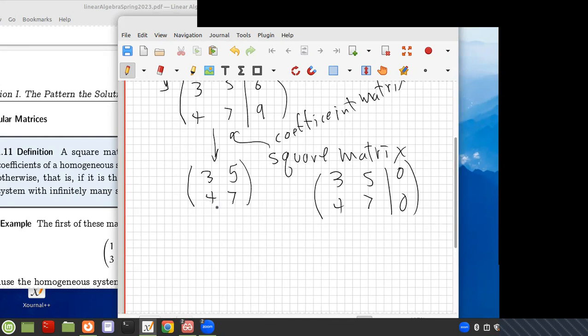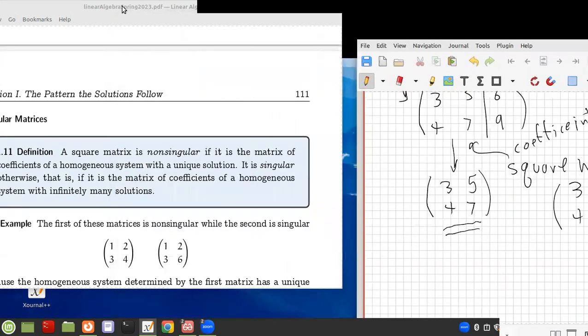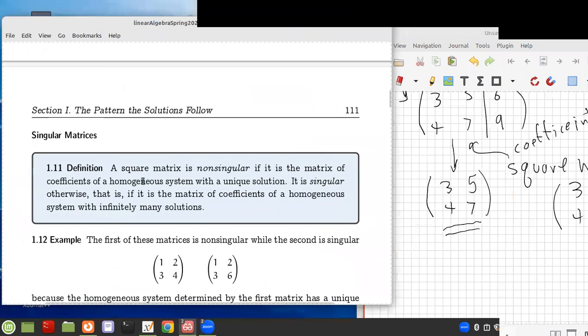It's going to turn out that certain forms of this square matrix are going to allow you to answer that question. Does this have an infinite number of solutions or one solution? And it has a certain property, and that property is the following.